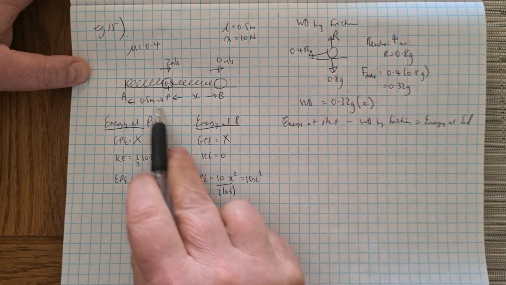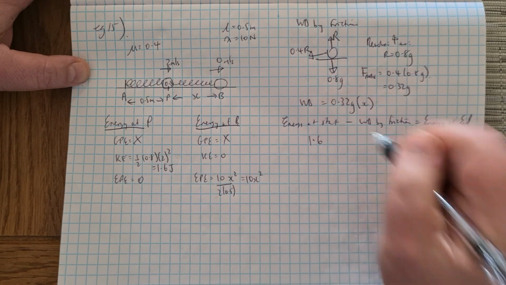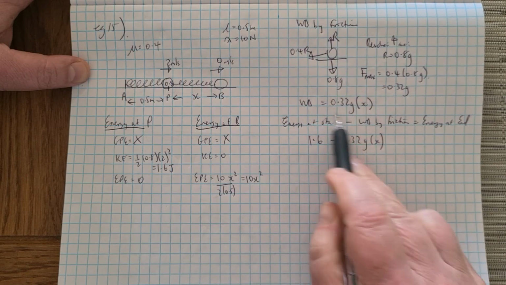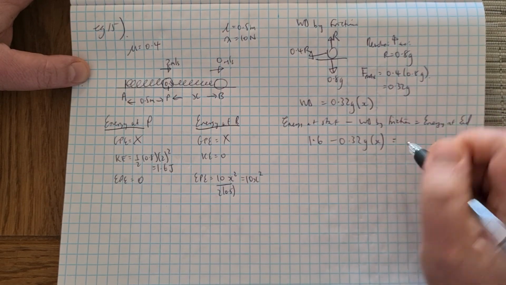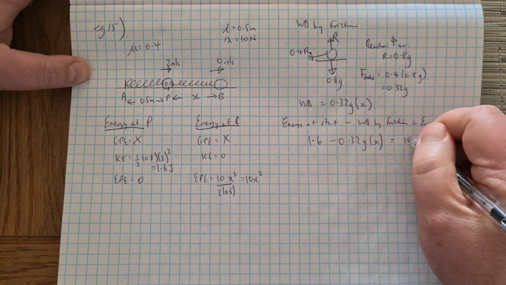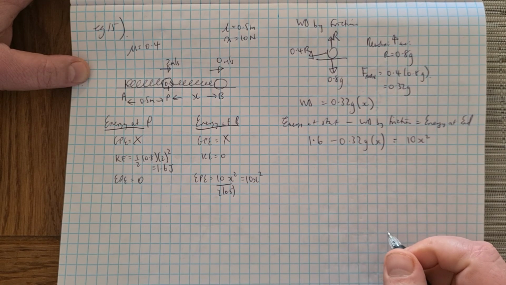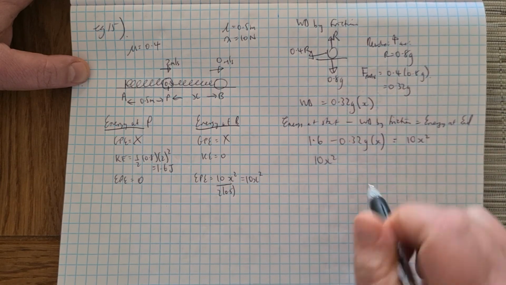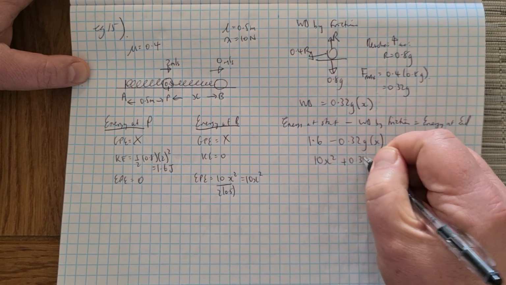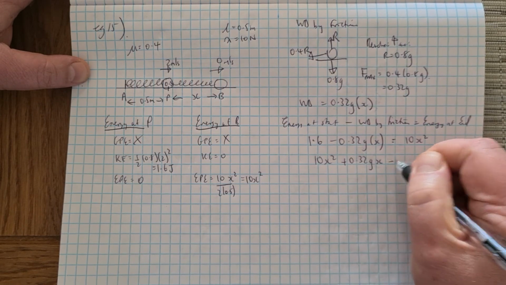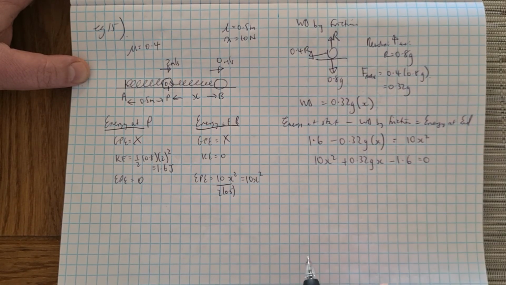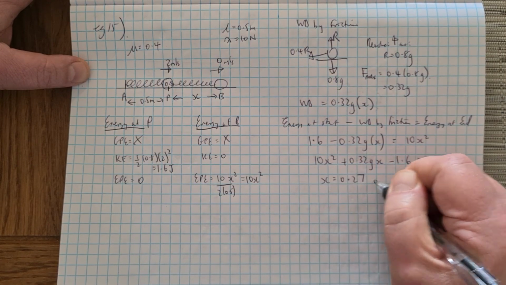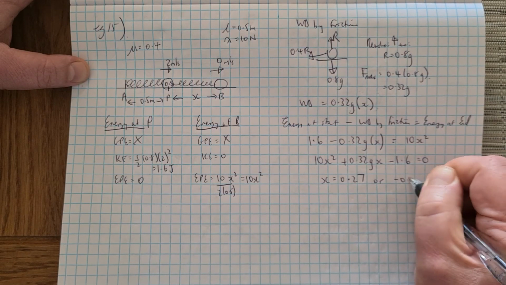So we're going to have the total energy at the start, which was 1.6, minus 0.32g lots of x, which is the work done by the friction force, and that's going to equal our total energy at the end, which is 10x squared. So once again, we create a quadratic equation: 10x squared plus 0.32g lots of x minus 1.6 equals 0. And if we work those through, x is going to equal 0.27 or minus 0.59.